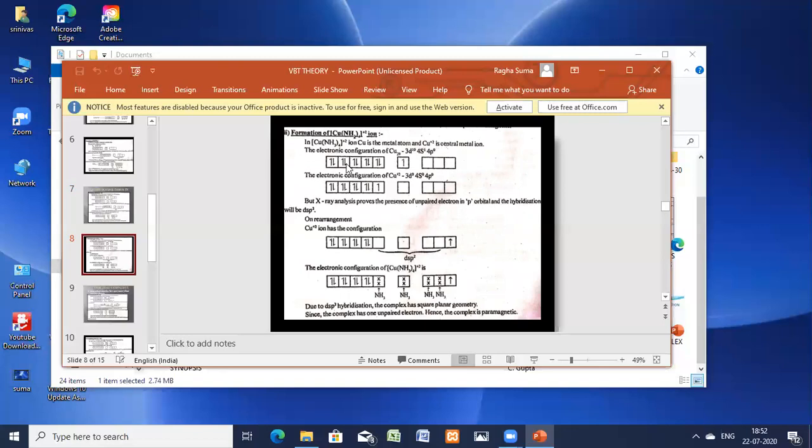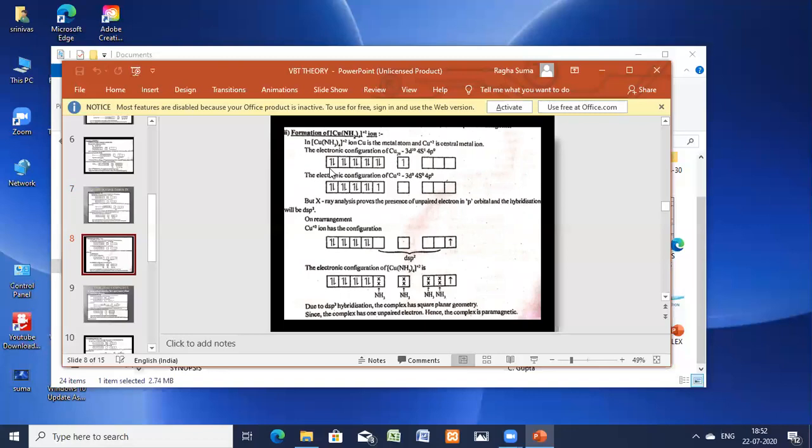So the electronic configuration of the central metal atom in the ground state, not for the ion, is for the atom. Copper has atomic number 29, so the configuration is argon 3d10, 4s1, 4p0.